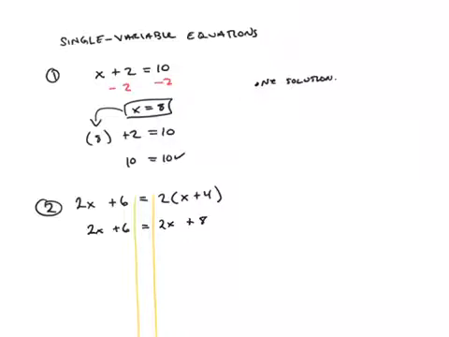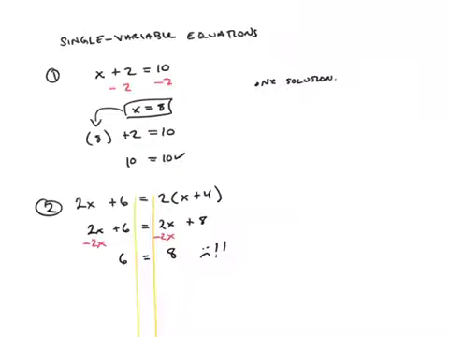Now I have 2x plus 6 equals 2x plus 8. And you can start to see that there might be an issue here. So maybe I'll go ahead and subtract 2x from both sides to combine all my like terms on one side of the equation. So I get 0 plus 6 on the left-hand side and 0 plus 8 on the right-hand side.